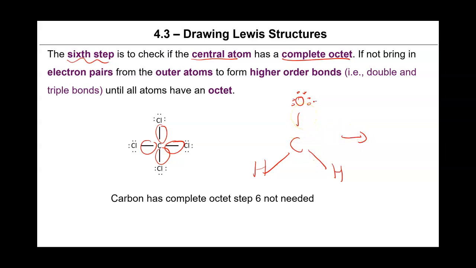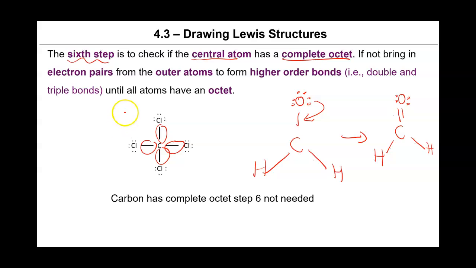So to finish this off, we have to bring in a lone pair and make a double bond, and now our carbon has an octet because we have 2 electrons being shared here, another 2 electrons being shared here, and then 4 electrons being shared with the oxygen.